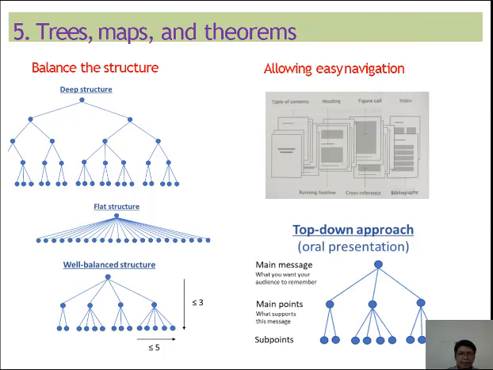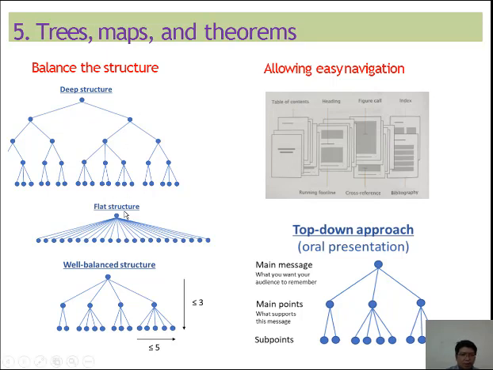Next one, trees, maps, and theorems. There are many ways to use tree structures. For example, we have deep structures in the first one: from the top there are two branches, and at every point we have two branches in the next layer, so actually a binary kind of concept.